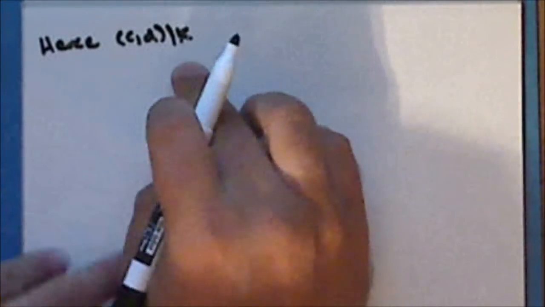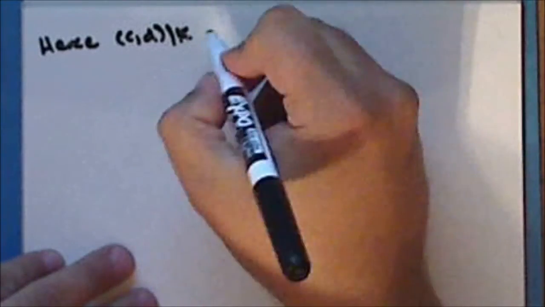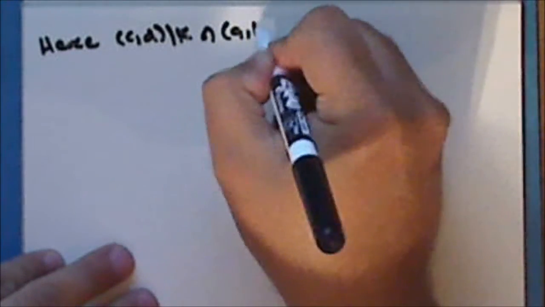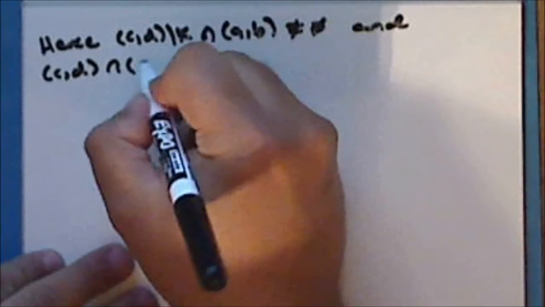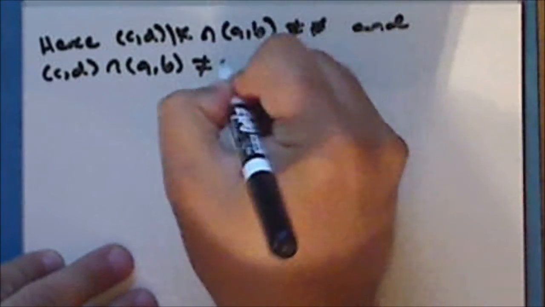And hence the intersection of the relative complement of the set K in the open interval from C to D with the open interval from A to B is not empty, and the intersection of the open interval from C to D with the open interval from A to B is not empty.